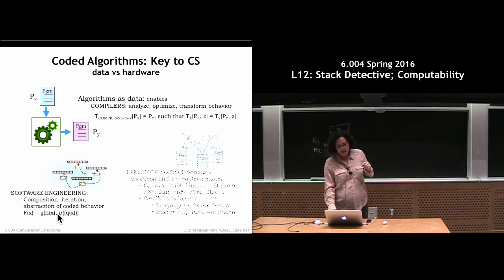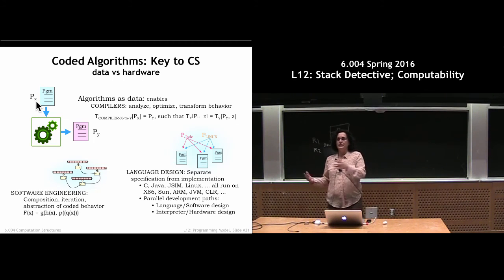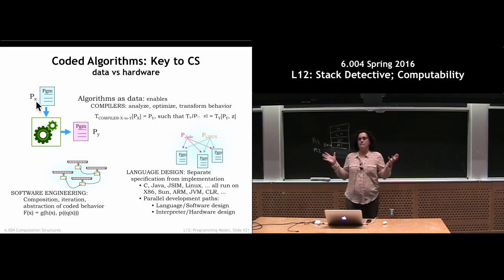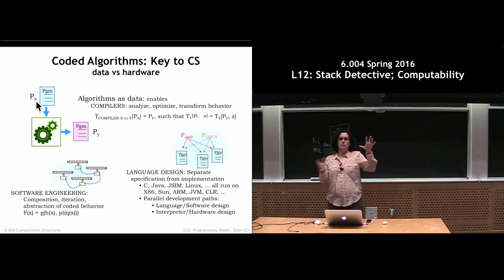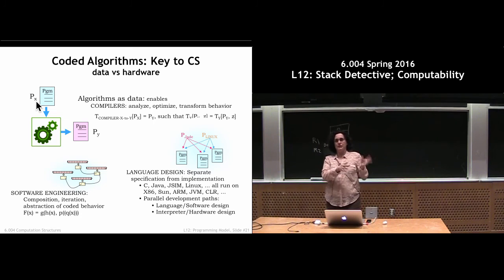Okay, and by having this notion of a compiler, which can take a high-level language like C or Java and convert it to assembly, which runs on my processor, we're able to have parallel paths where, on one hand, we're working on programming languages that will identify what's the best data structure to use for my particular problem.